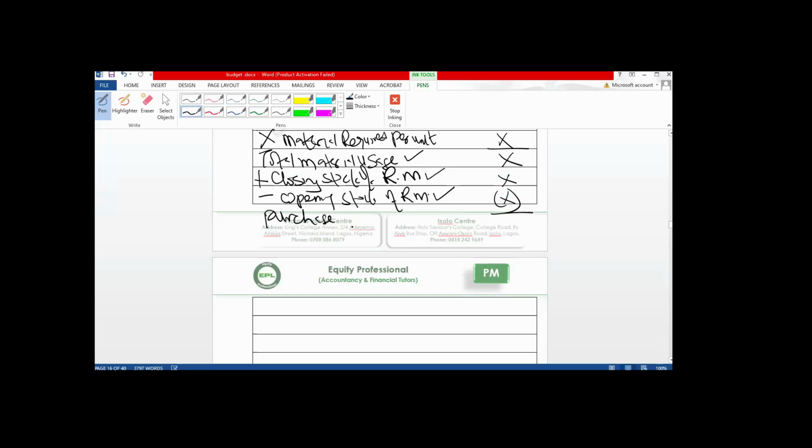Purchase budget before wastage. You are going to get a figure here. Then plus anticipated wastage.